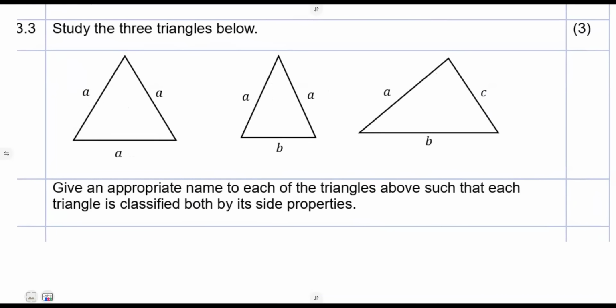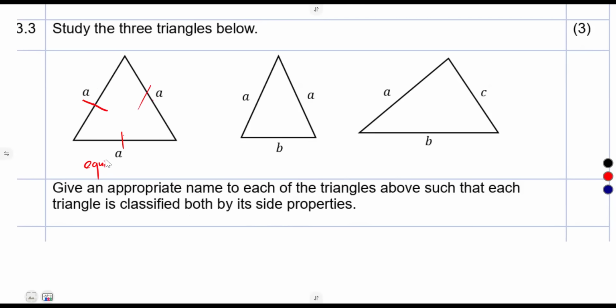Study the three triangles given below. Give an appropriate name to each of the triangles above, such that each triangle is classified by its side properties. We are given this one, A. They are showing us that all sides are equal. All sides are the same. This is A, this is A. So that's what?